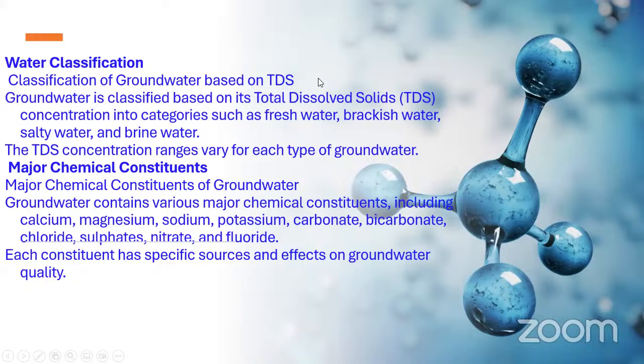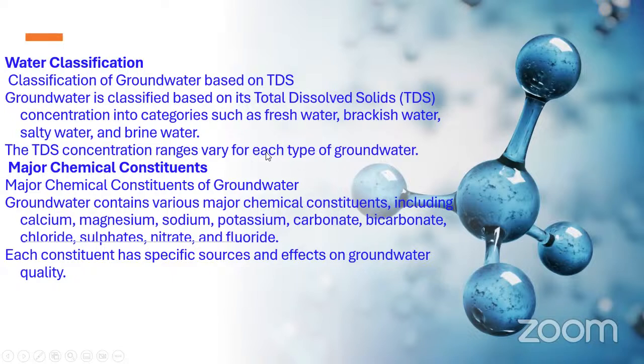TDS units are mg per liter, meaning how many solids are dissolved in one liter of water. For example, if TDS indicates 250 mg per liter, that is recommended for drinking purposes.